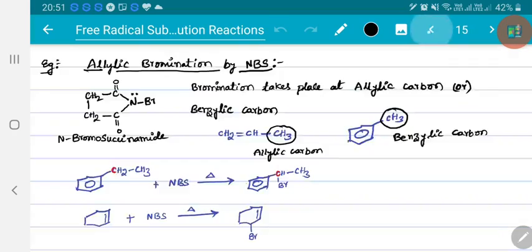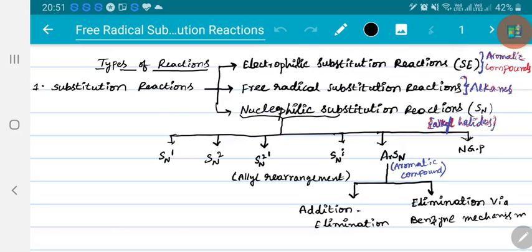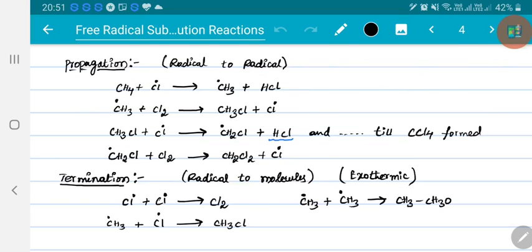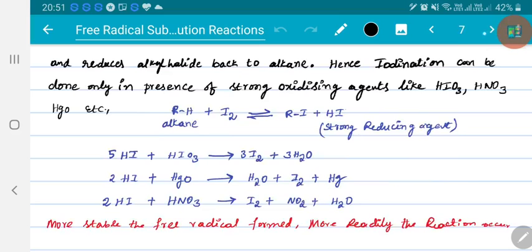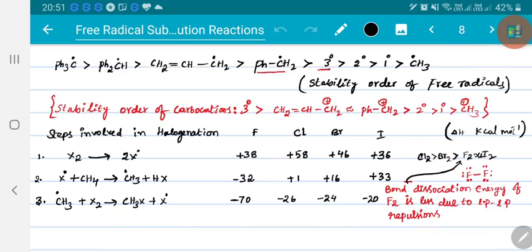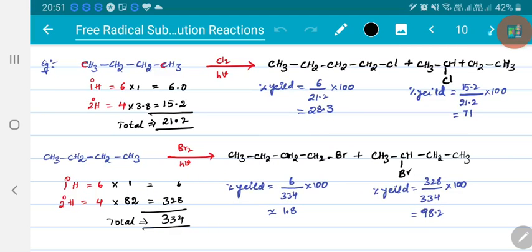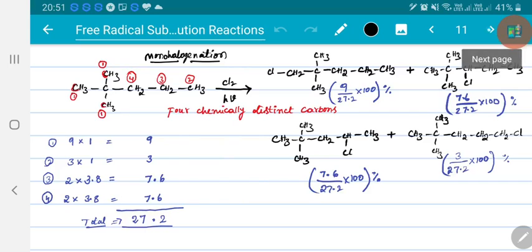So we are discussing free radical substitution reactions, in which first we have discussed free radical substitution in presence of sunlight or at high temperature through homolytic bond cleavage, right? We have compared fluorination, chlorination, bromination, iodination, and we have discussed that fluorination is a vigorous reaction, iodination is a reversible reaction. There will be competition between chlorination and bromination, so probability factor and selectivity factor will dominate, right?